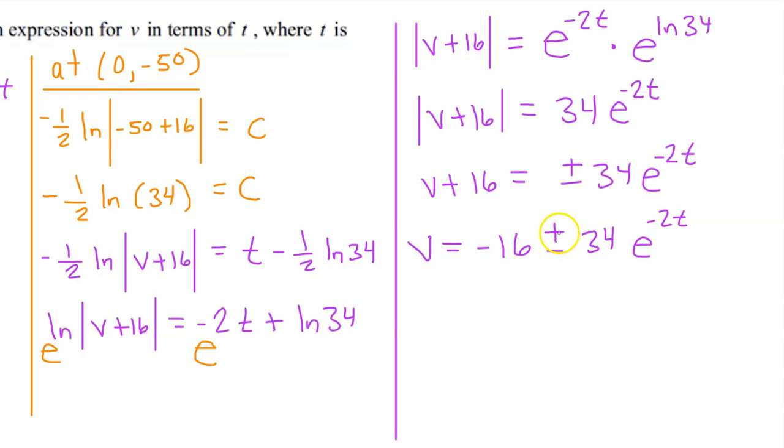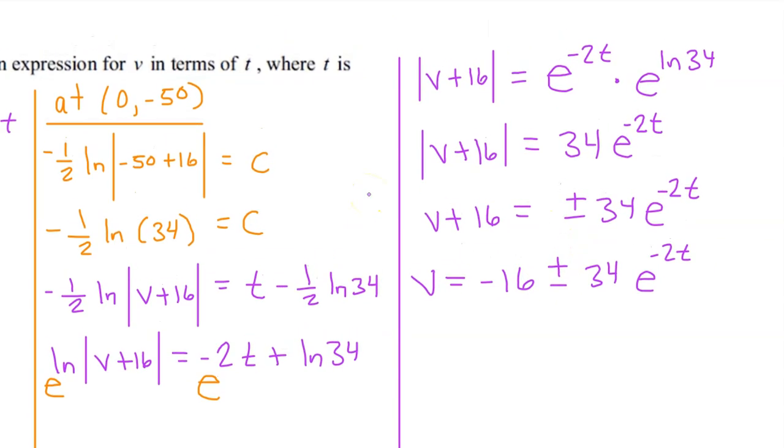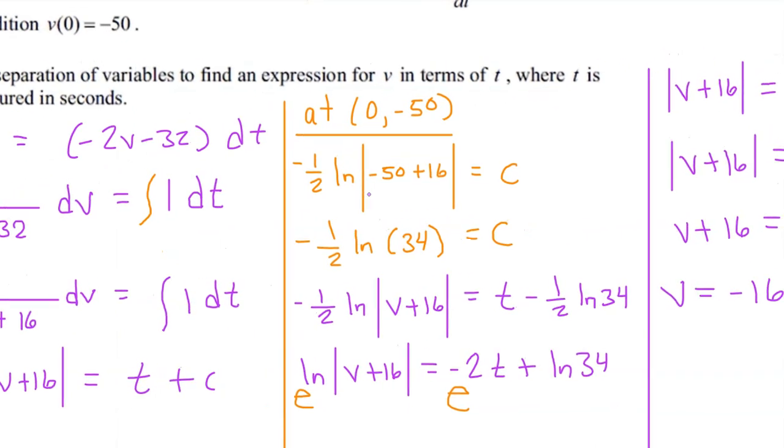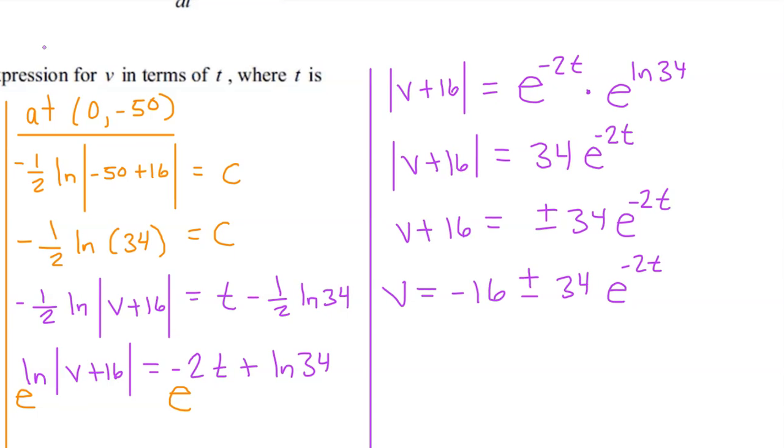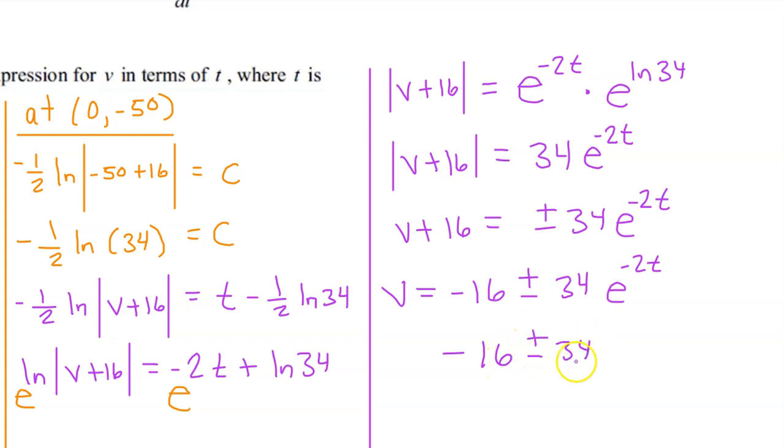To decide whether it should be positive or negative, we need to make sure that we are satisfying the initial condition that says if t is 0, the value of velocity should be negative 50. So if we put in 0 for t, we will have e to the 0 power, which is 1. So we're going to have negative 16, and it's going to be plus or minus 34.